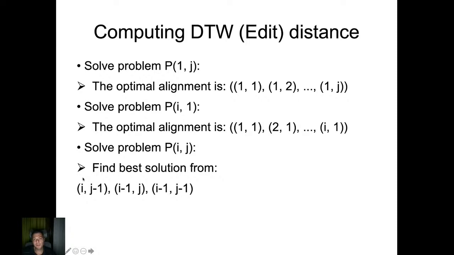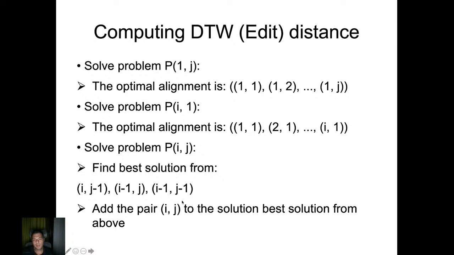So we find the best solutions for these problems, and then we consider the pair with the best solution from above. So we add the cost of alignment for the frames Mi and Qj to the minimum of these three problems.